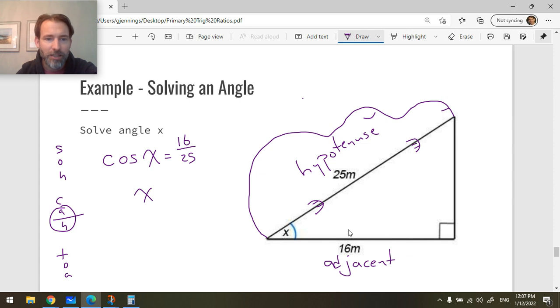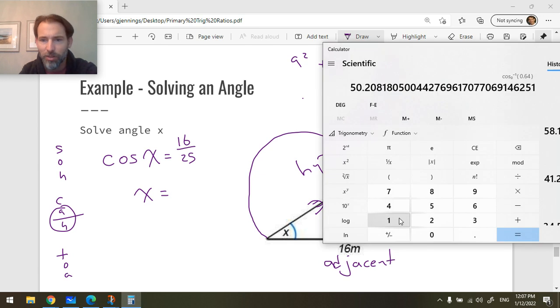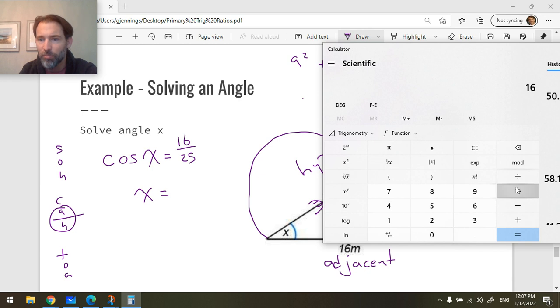The idea is, don't trust the diagram because this is not drawn to scale. If we wanted to find this side, call it side A, we would say a squared plus 16 squared equals 25 squared. And 25 squared is equal to 625. And 16 squared is not half of that. It's much less than half of that. I kind of forget what 16 squared is, to be honest, which is sad because it's a power of 2 and I should have that memorized.